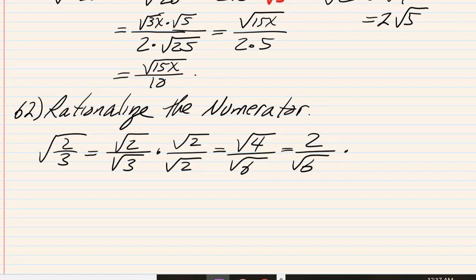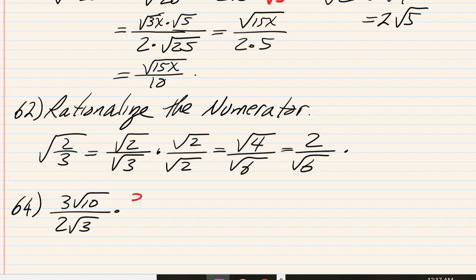Let's take a look at, for example, number 64. I guess with these, the more you do, the better you feel about it, right? The more the merrier. Okay, we want to rationalize the numerator. So the only thing in the numerator that's in the radical is a 10.